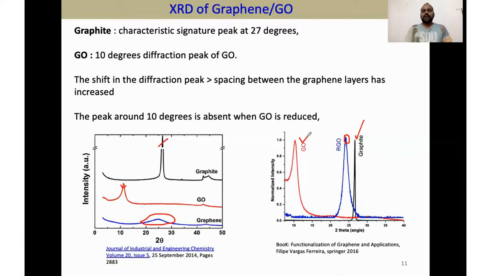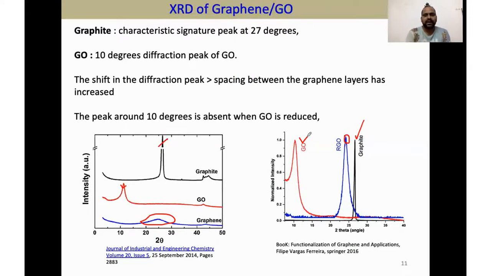So I think that was what we have talked about, the characterization of graphene. We are not going to do the characterization of electrical properties, mechanical properties, or thermal properties as we discussed earlier, because these are domain specific. Domain specific means when we are targeting some applications based on some particular properties.